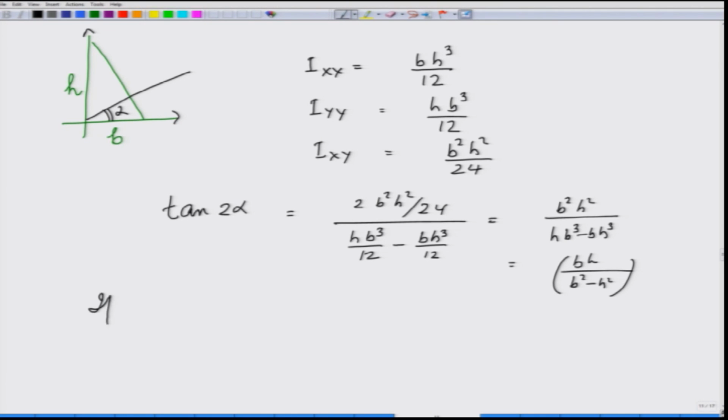So, if b is greater than h, alpha comes out to be greater than 0. If b is less than h, alpha comes out to be less than 0. These are the principal axes.